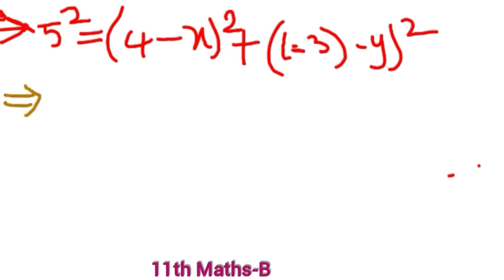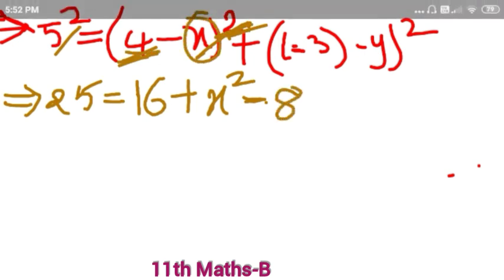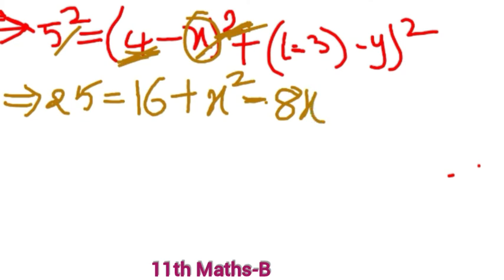Okay, so 5 square, 5 fives are 25, is equal to 4 square is 16 plus x square, x square only, minus 4 twos are 8, 8x. I think we did this in our 9th and 10th classes, so I do not have to explain this again.